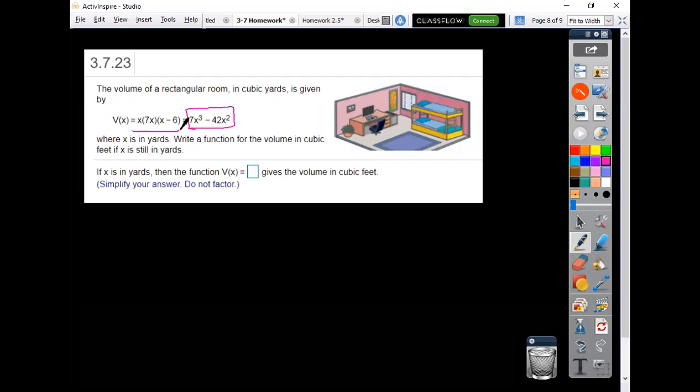If you come back here, the two different ways I've seen to think about this problem is, X, it says, is in yards. So if your X is in yards, and they want you to put this answer in feet, not yards. So if this X is in yards, isn't 3 times X the number of feet?